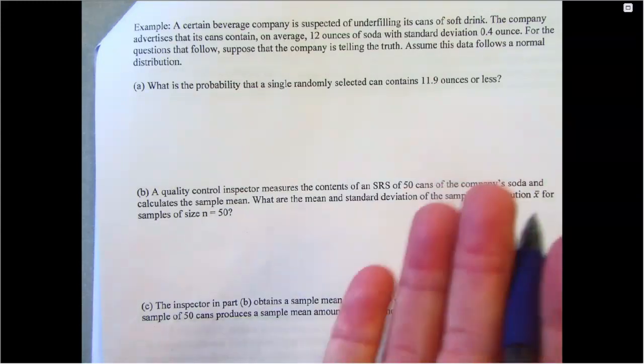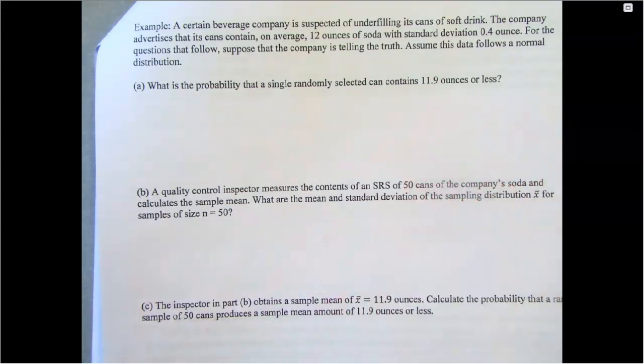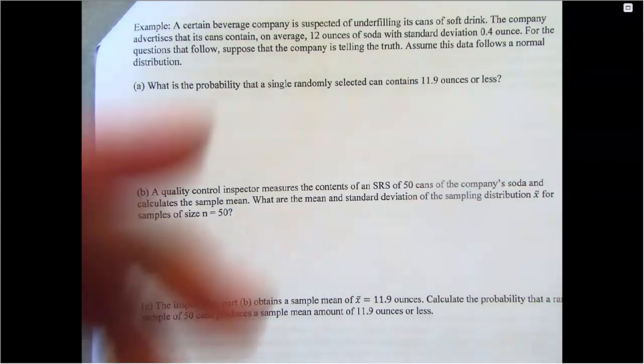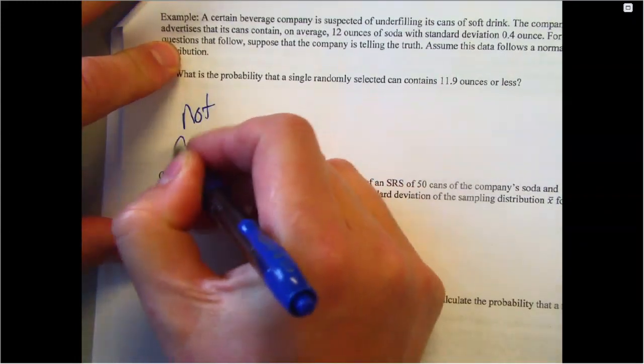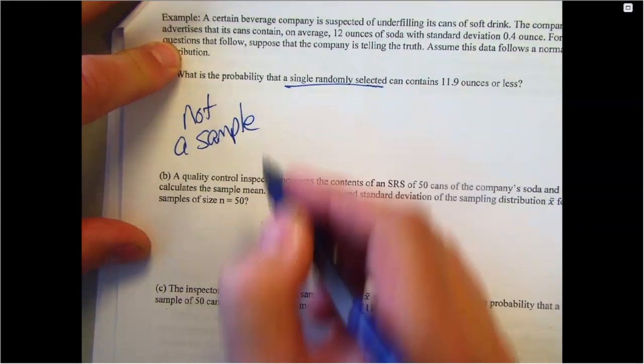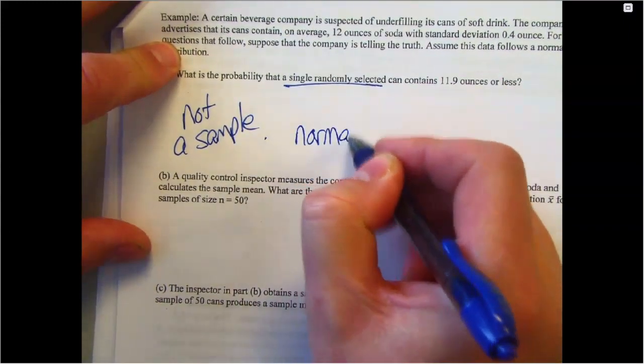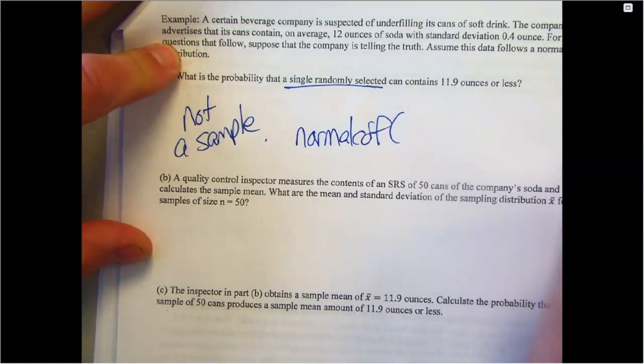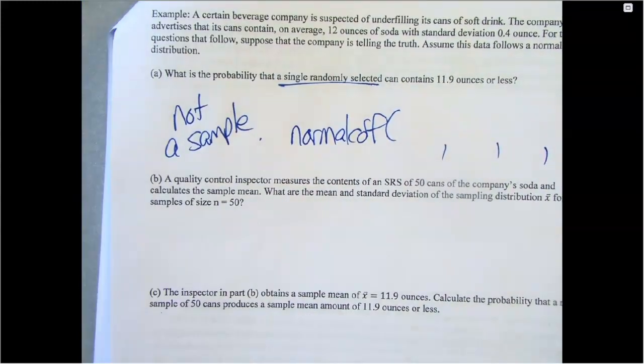This is one probability. So you don't need to do any of the stuff that we have just done, and you just type in normal CDF, with the mean and standard deviation. This is not a sample, because it's just a single randomly selected can. So you don't have to do anything except the normal CDF stuff.